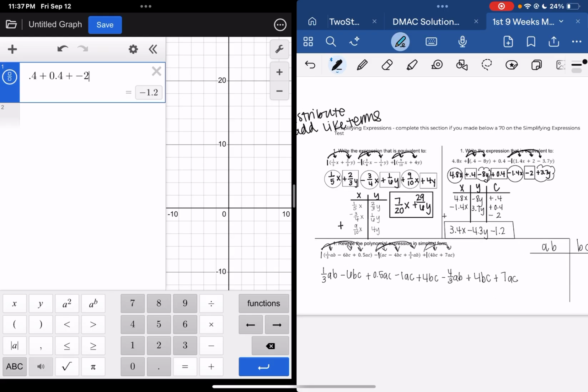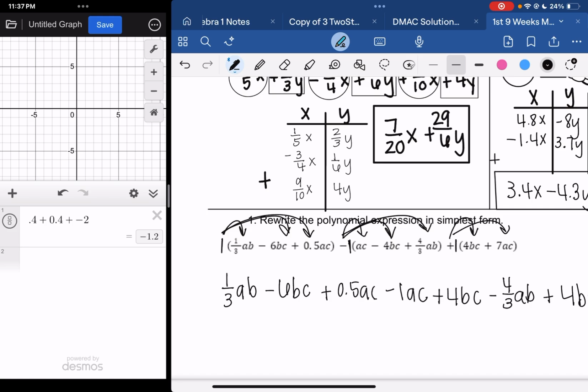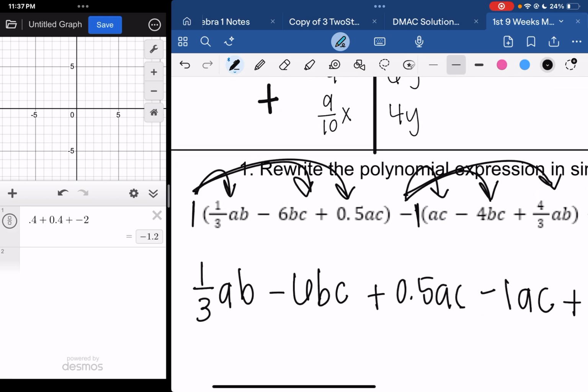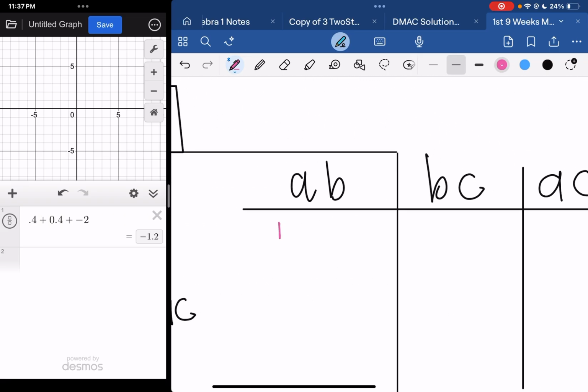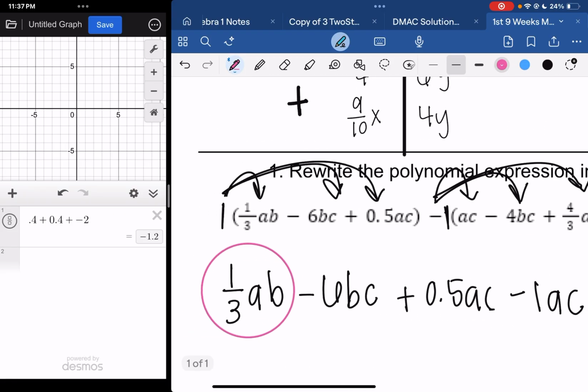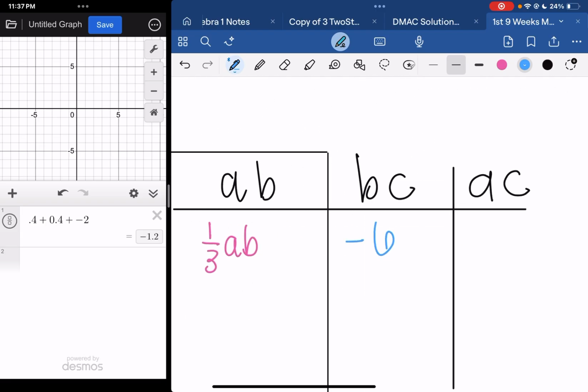My 1 over 3AB is going to go here. My negative 6BC is going to go under the BCs.